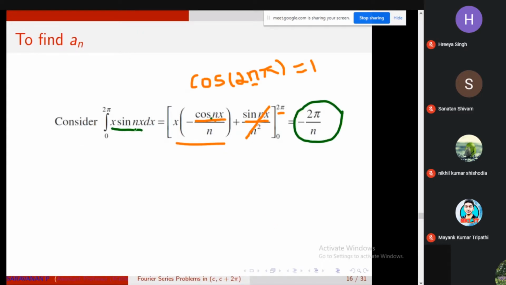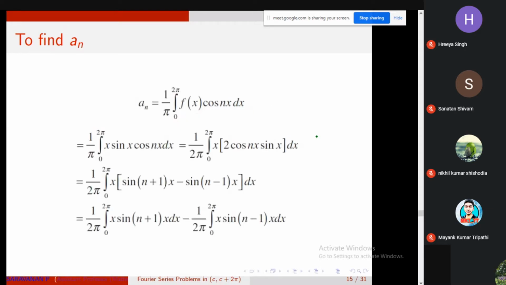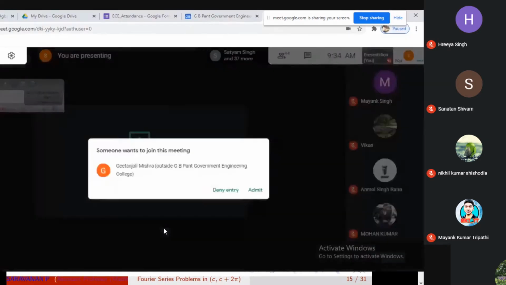If it is nx, you get n in the denominator. If it is n plus 1, you get n plus 1 in the denominator.